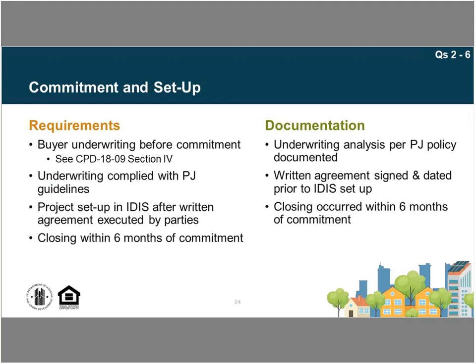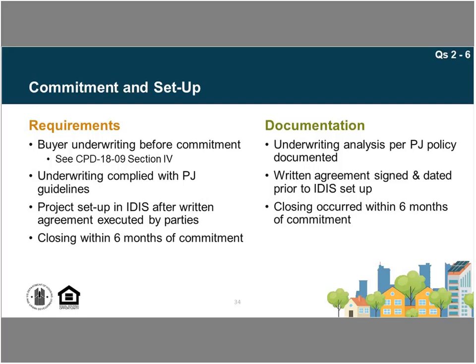In other words, you determined that there was an appropriate assistance amount to ensure sustainability for at least the affordability period. That the project is set up in IDIS after the written agreement, and that it was executed by both parties, and that the closing occurs within 6 months of commitment, which is a part of the definition in 92.2. You've got to close within 6 months of entering into that written agreement.